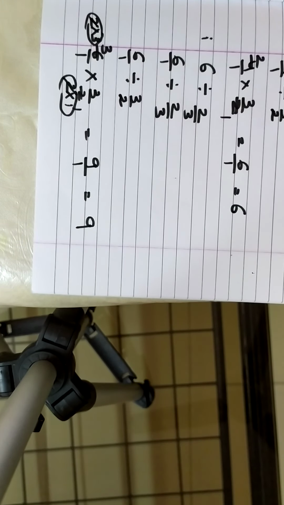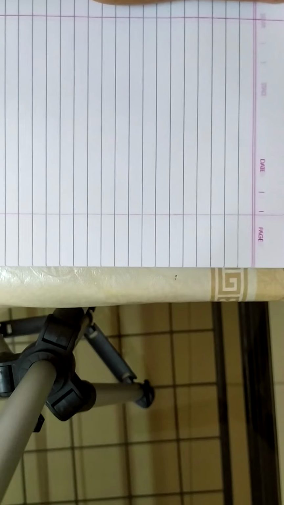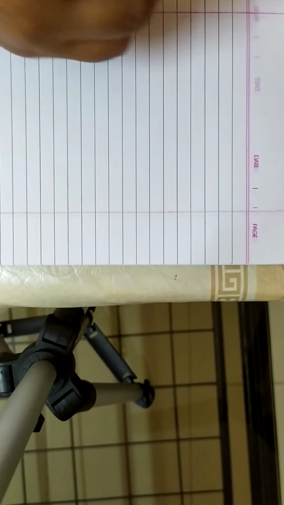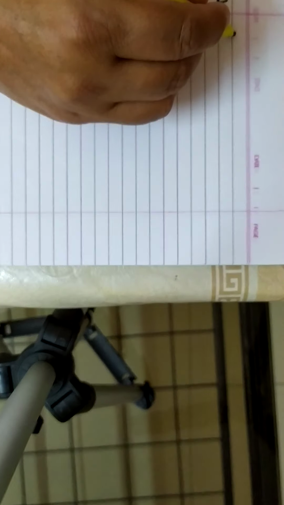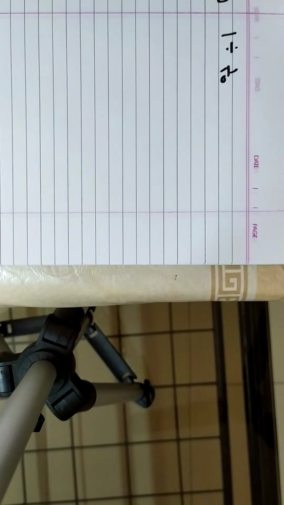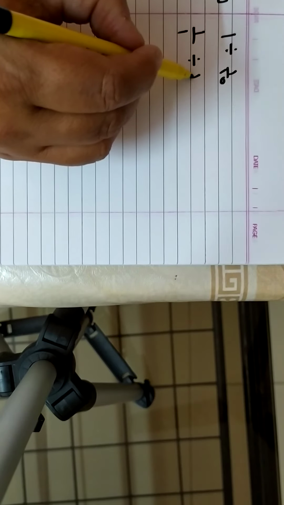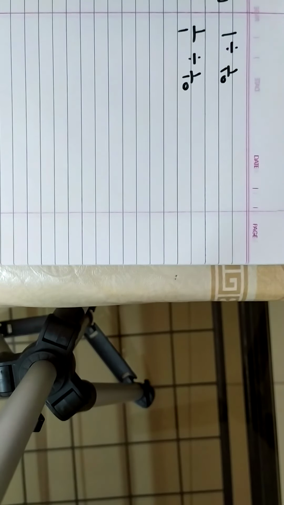Coming to the last sum of question 2. 1 divided by 1 upon 10. So it is 1 upon 1 divided by 1 upon 10. This is my step 1.